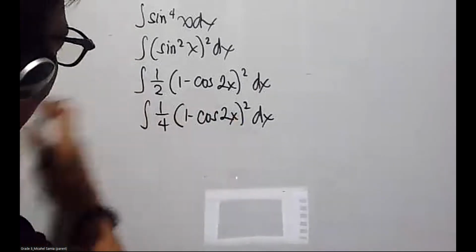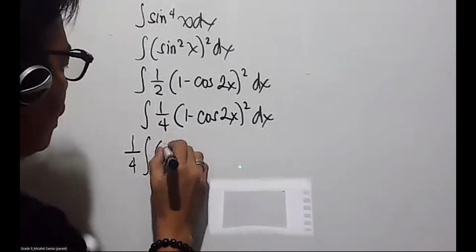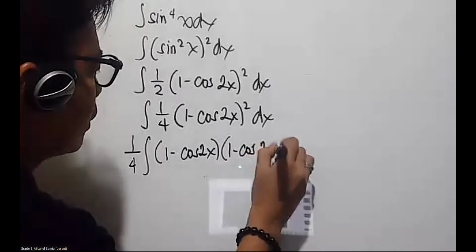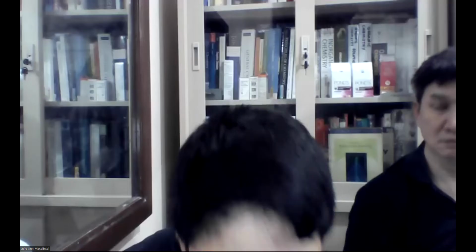And 1/4 will be out of the integration sign. So this will become 1/4 integral of 1 minus cosine 2x multiplied by 1 minus cosine 2x and then dx. Okay ba Josh? Opo. Okay pa yung solution niya?